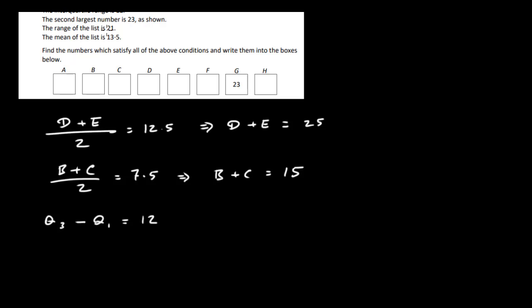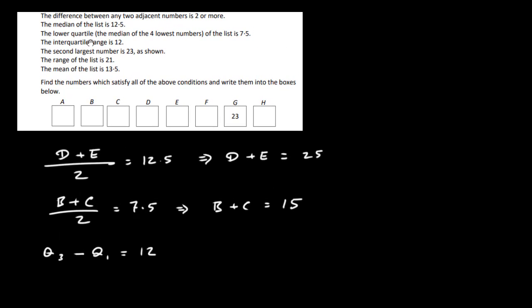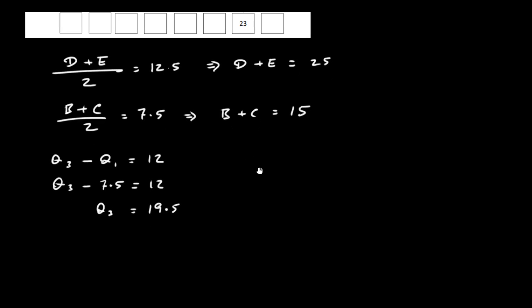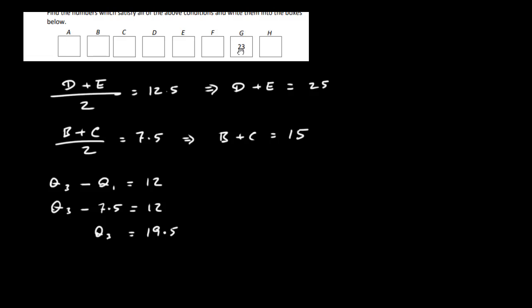Now we have Q1. We were told that the lower quartile is 7.5. So that means Q3 minus 7.5 is equal to 12. So that means Q3, our upper quartile, is 19.5. So we know that if Q3 is 19.5, if we add F and G and divide by 2, we'll get 19.5.